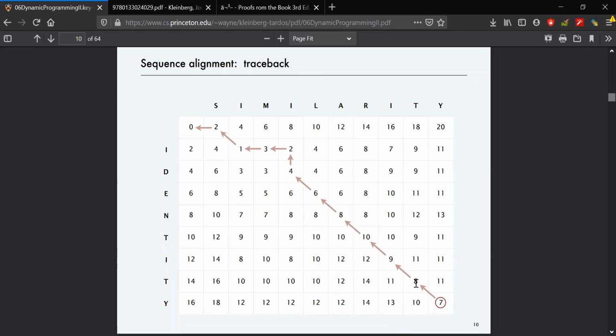So that must be a part of the solution. Then you find out from which of its neighbors you got this value. How did you come here? You must have come here from one of its 3 neighbors. You find out from which of them, and you go to that neighbor. Similarly, at this point, you find out from which of its neighbors you got this value. You go there, and then you repeat.